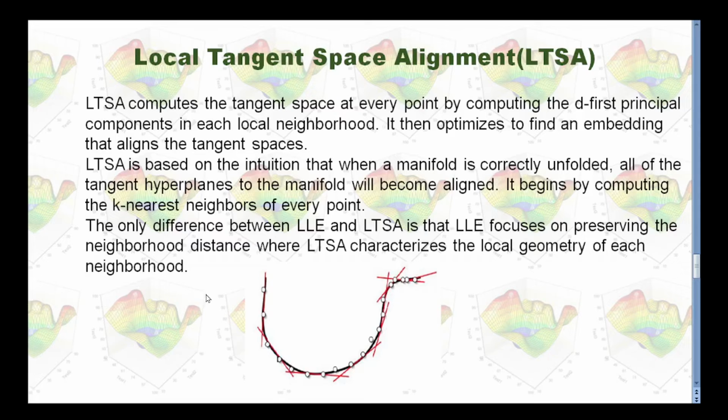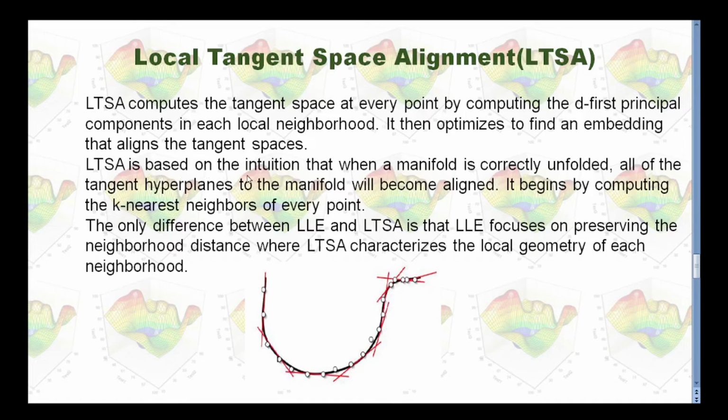Another enhanced LLE method is called Local Tangent Space Alignment, or LTSA. LTSA computes the tangent space at every point by computing the d first principal components in each local neighborhood. It then optimizes to find an embedding that aligns the tangent spaces.